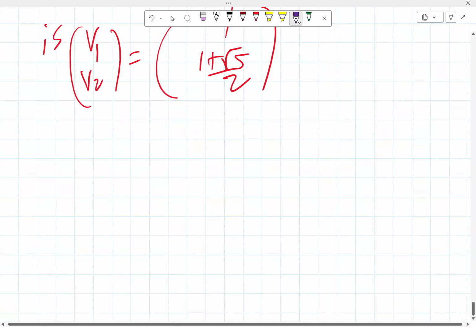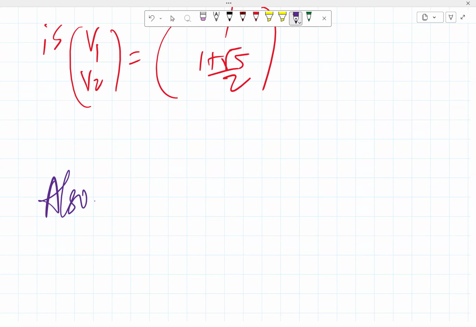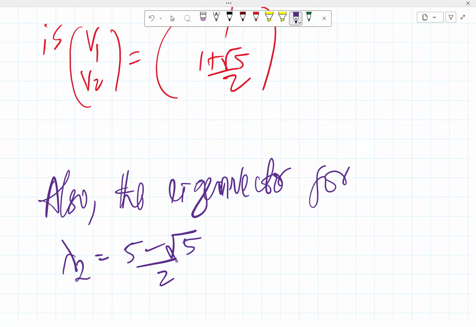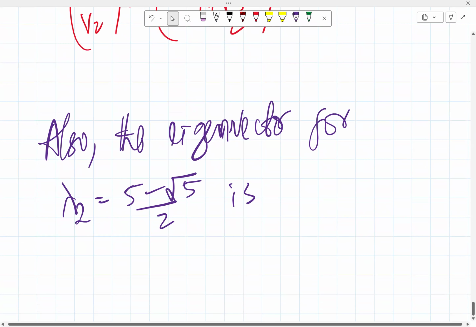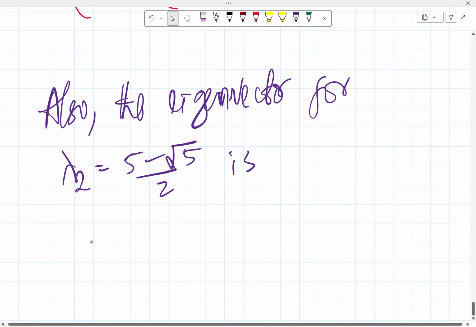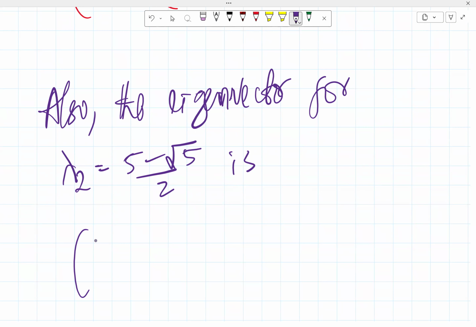So following the same procedure, the eigenvector for lambda 2, which is equal to 5 minus root 5 over 2, will be, should I call it omega 1, omega 2 now?